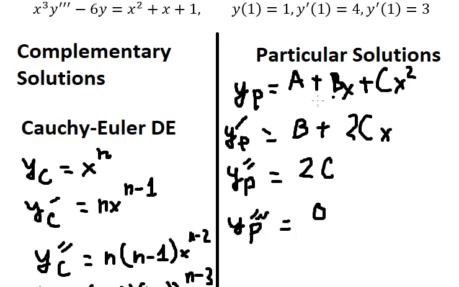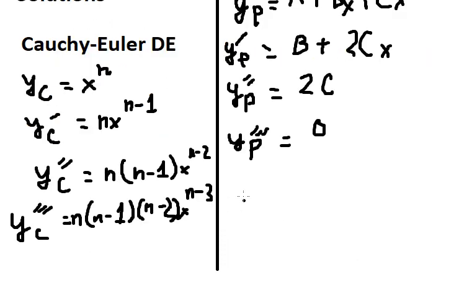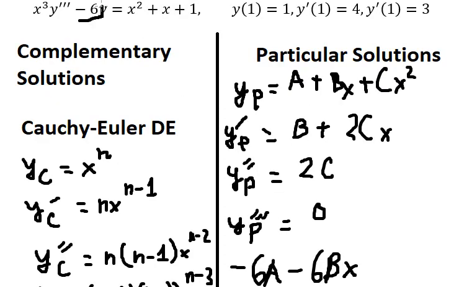Now we put yb here and 0 here, so we have like this. So negative 6, that's from here, because we change yb into this one.